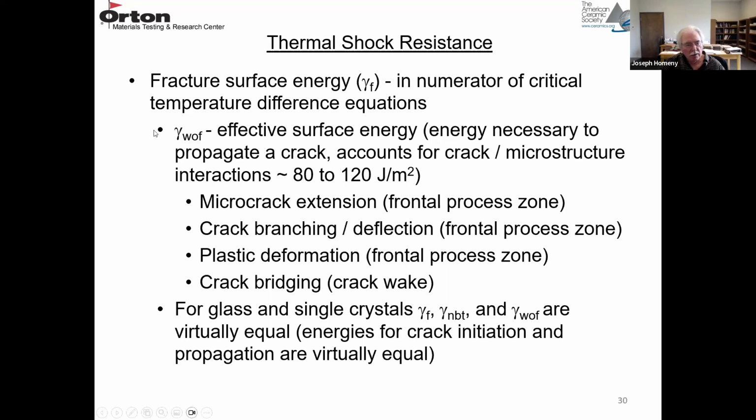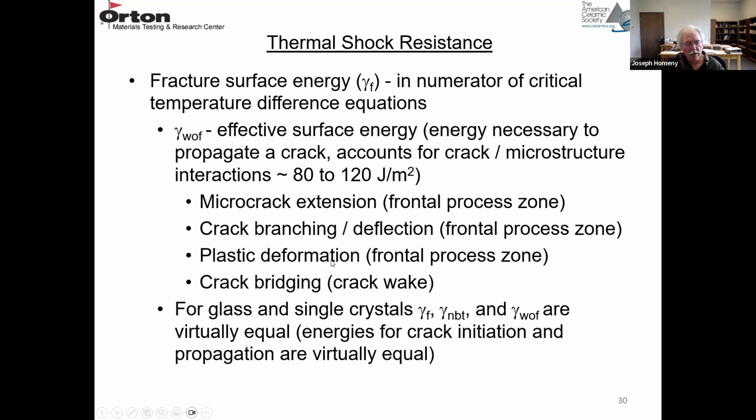So what's causing a high work of fracture? There's frontal and wake process zones. I'll show you those in a minute. But in the frontal process zone, you have microcrack extension that dissipates energy, increases this gamma WF. You have crack branching, crack deflection, also in the frontal process zone.